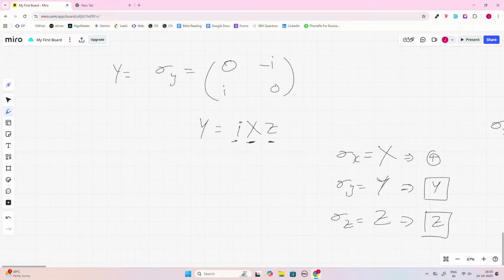So this is a symbolic representation of these gates. The X gate is denoted by a plus with a circle. Y is the same thing and Z is also the same thing. Not a problem. So this is my symbolic representation of the Pauli gates, the important gates.